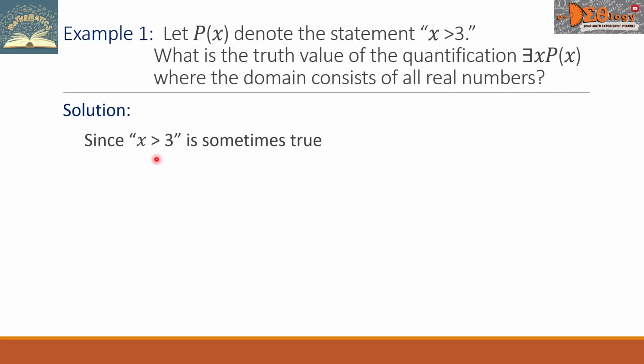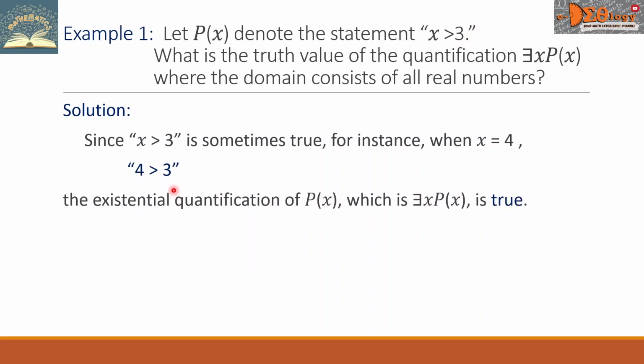Since x is greater than 3 is sometimes true, for instance, when x equals 4. The inequality here becomes 4 is greater than 3. Then, the existential quantification of p of x, which is for some x p of x, is true.